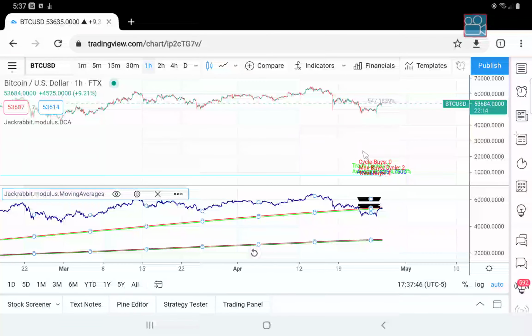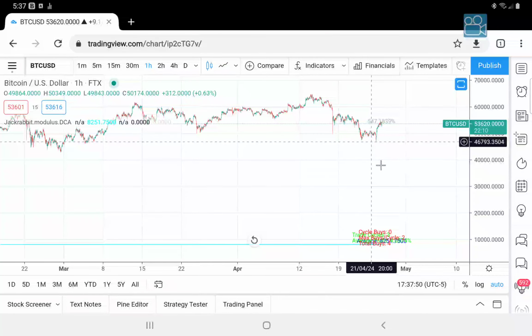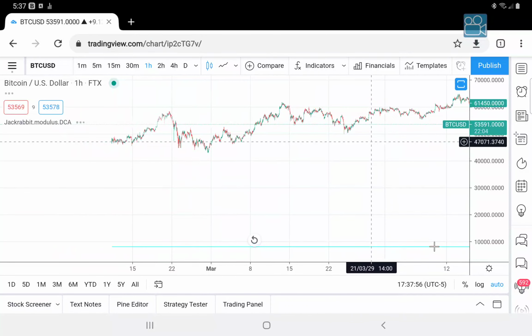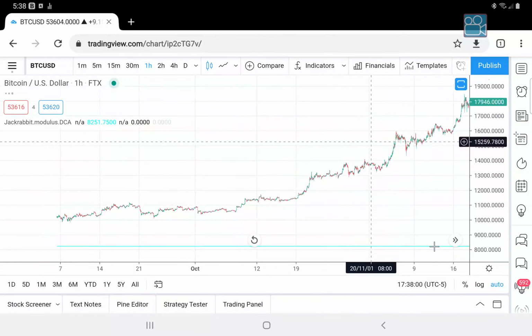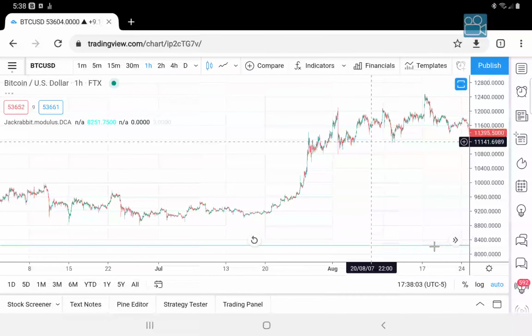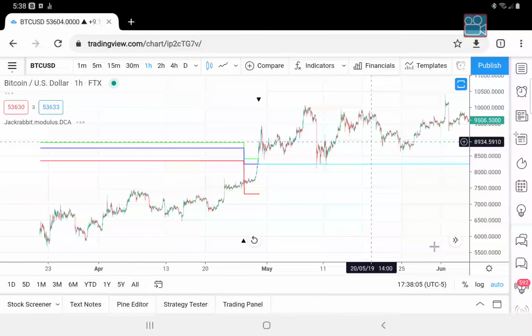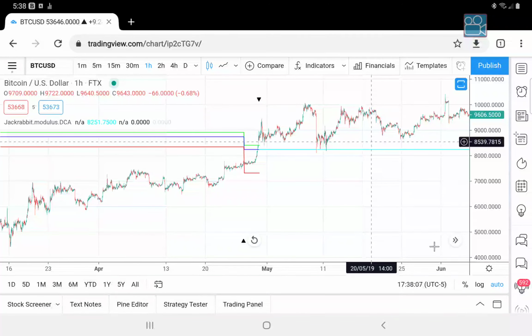So if we go back to the 1-hour candle, you'll notice that no trades are in place right now. But yet it was in trades. Let's see if we can find the last trade it made. And here we go. This is the kind of process that you want for defensiveness.